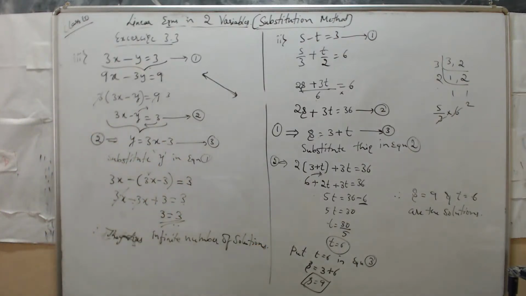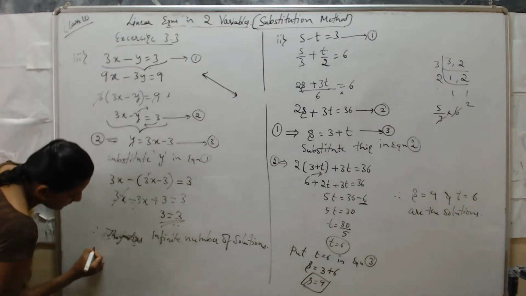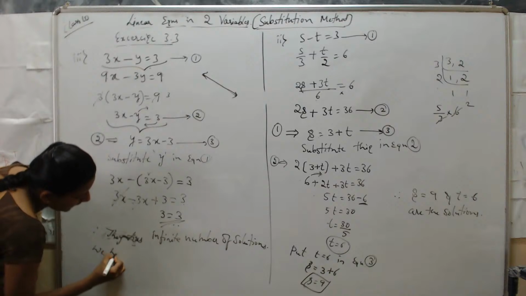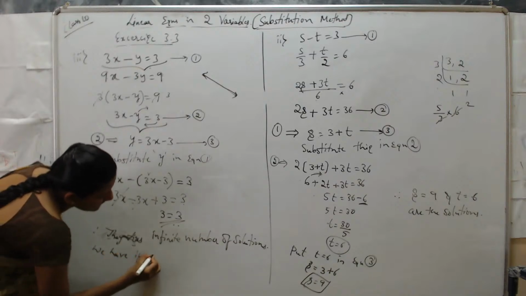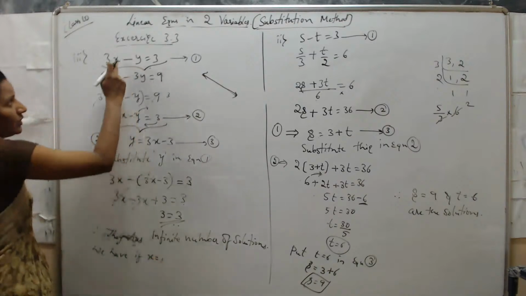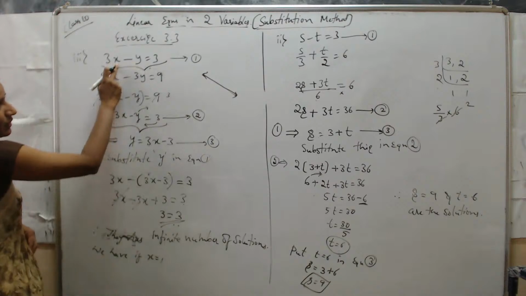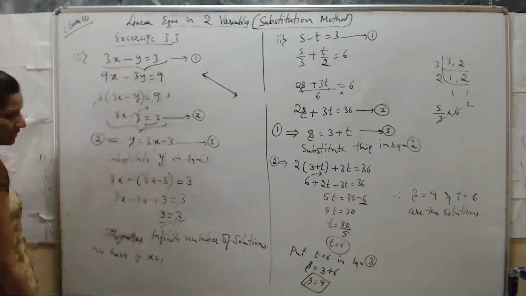Therefore, we should take some values. If you put, therefore, we have, if x is equal to 1, I am going to put x is equal to 1. What happens? y is equal to 0.